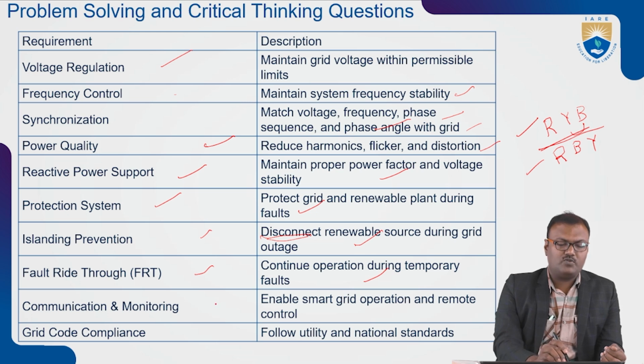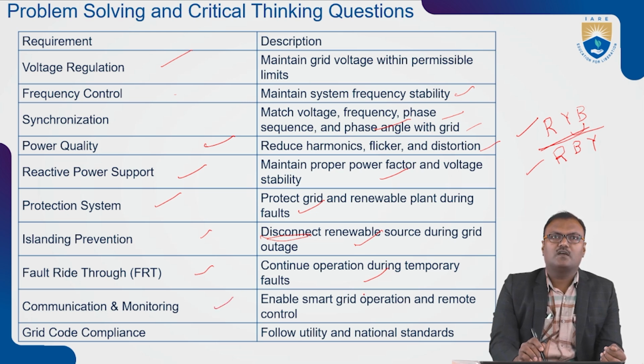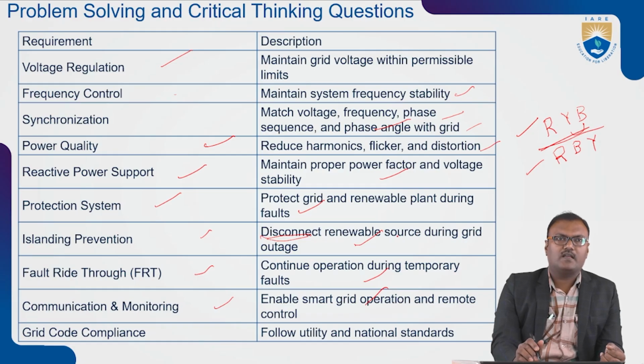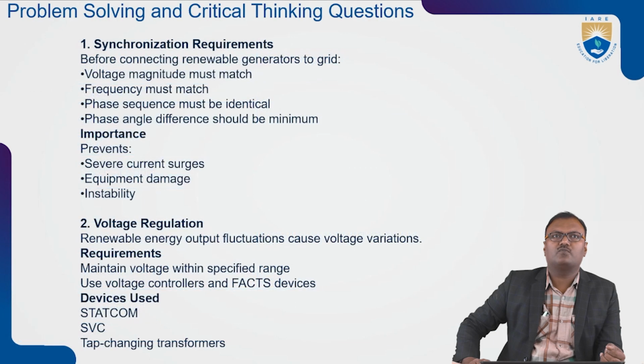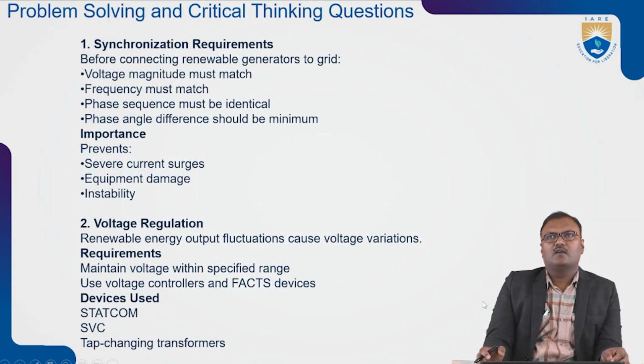Next is communication and monitoring, which enables smart grid operation and remote control, that is we can switch a load on and off at a particular time using IoT, which is preferred in recent years. And grid code compliance: follow utility and national standards. As we follow the one grid, one nation concept, grid compliance means following only one standard for voltage, current, frequency and other parameters.